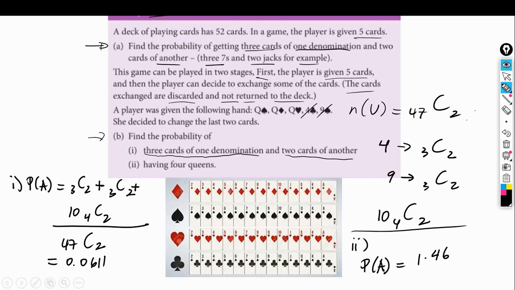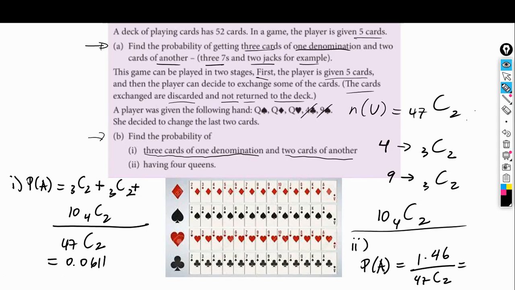So it's going to be 1 times 46 divided again by the total sample space, which we said is picking 2 cards out of 47. And this is going to be a probability of 0.0426.